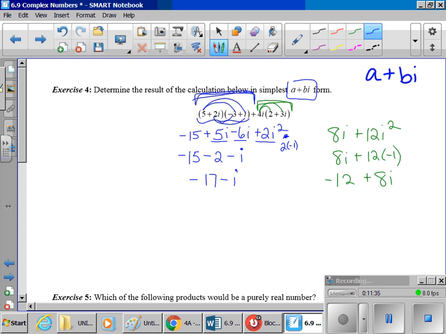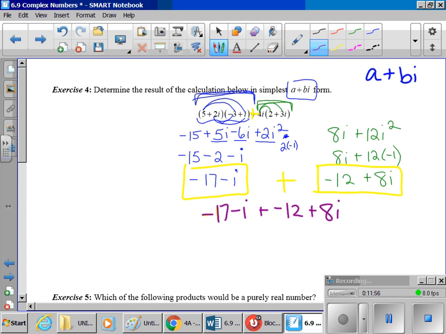All right? So now I have this piece plus this piece. So we're going to just combine these like terms now. Let's write it down in a different color. Negative 17 minus i plus negative 12 plus 8i, and you can stack them with like terms on top of each other, which is negative 29 plus 7i.